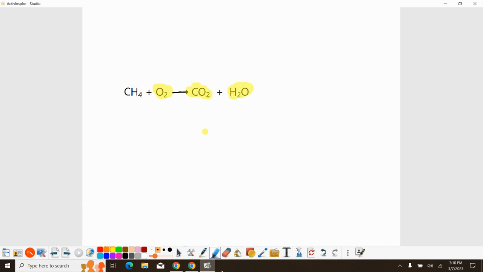The only thing that ever changes is this very first substance. So instead of CH4 in there, you might have C2H6, or you might have C3H8. All that ever changes is what's first in the formula, never the oxygen, the carbon dioxide, and the water. So that's what you look for to identify the combustion reactions.